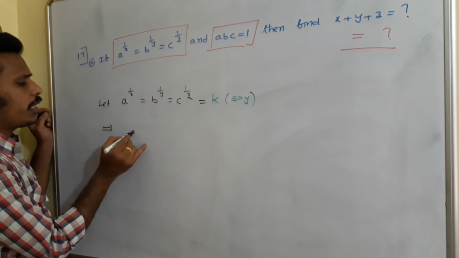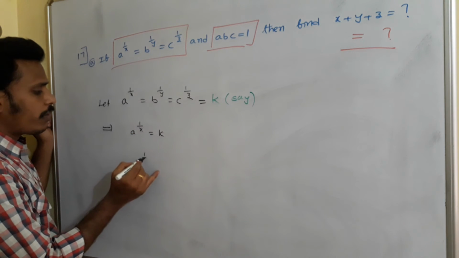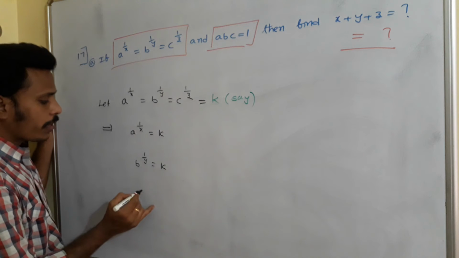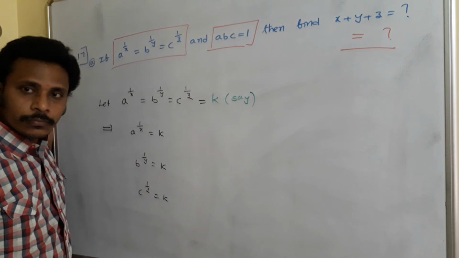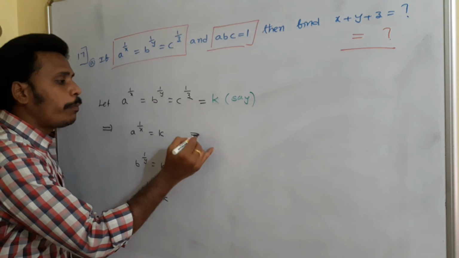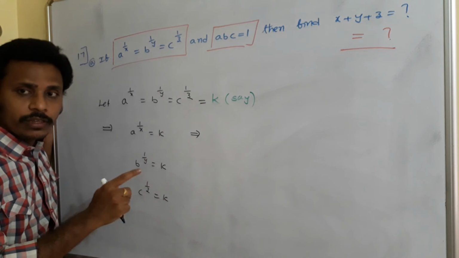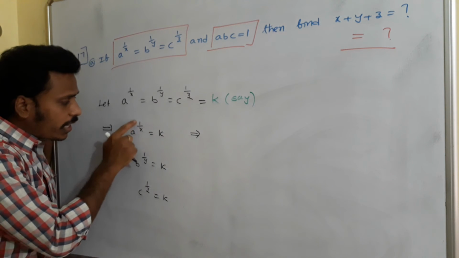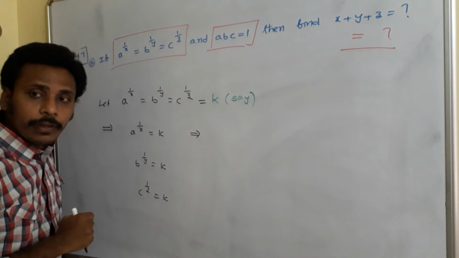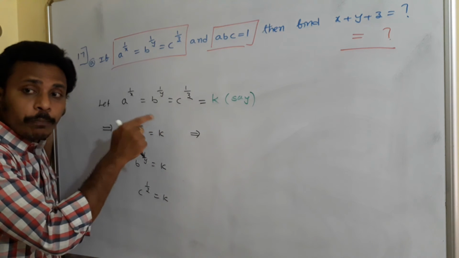If you let it like this, a power 1 by x value is k, b power 1 by y value is k, and c power 1 by z value is also k. And from the basic definition of exponents with rational powers or with the nth roots, a power 1 by x is equal to k. If you send this 1 by x that side, it will become power x.